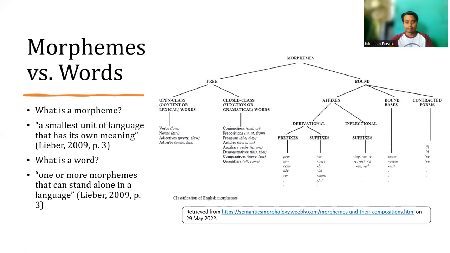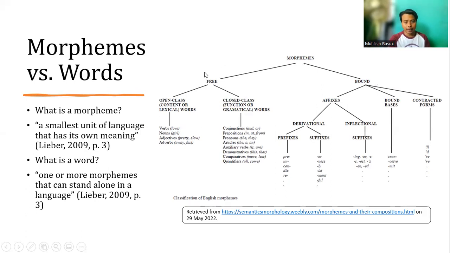You may already be familiar with this diagram. You may still remember it from the last semester when you took Introduction to Linguistics. Here we see that morphemes may be divided into two broad categories. The first is free morphemes, and the second is bound morphemes.